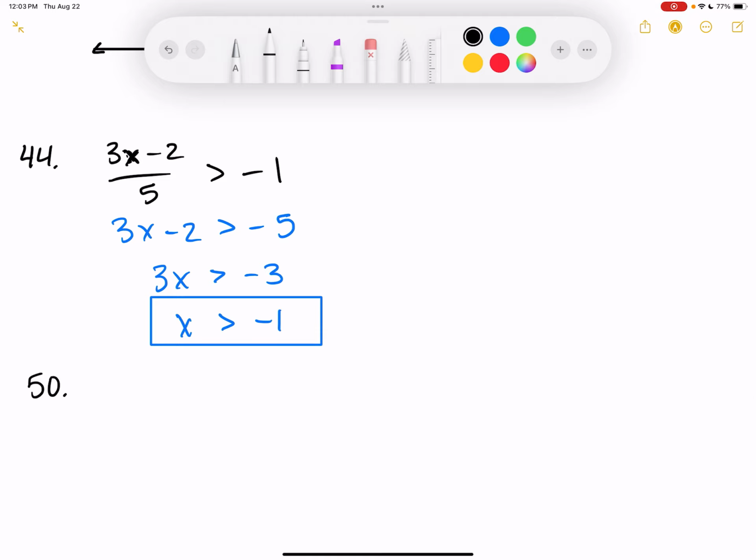Number 50: we have 3 minus x over 2 plus 5x minus 2 over 3 is less than -1. So what am I dealing with in this problem?